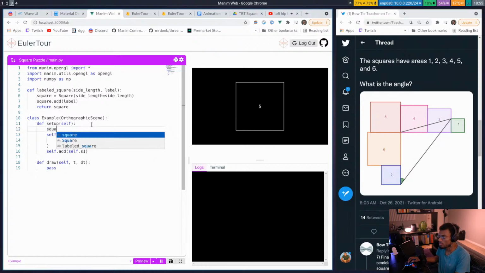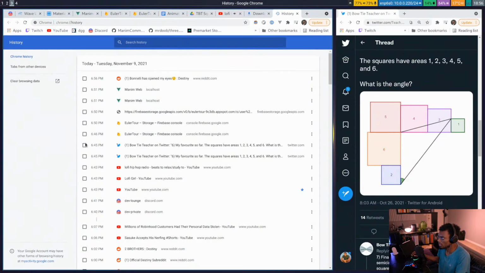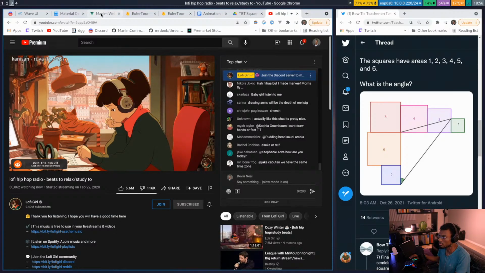Am I gonna have like squares? Make this a V group. Then I'll just add this one in. How do I do like squares? Squares.s5 equals labeled square of this. And not mess that up.